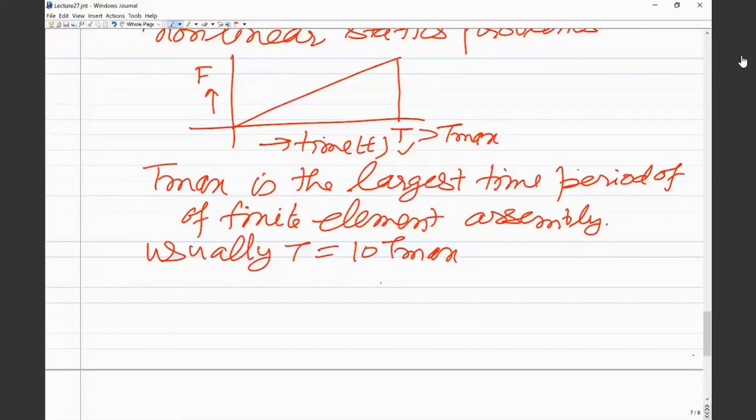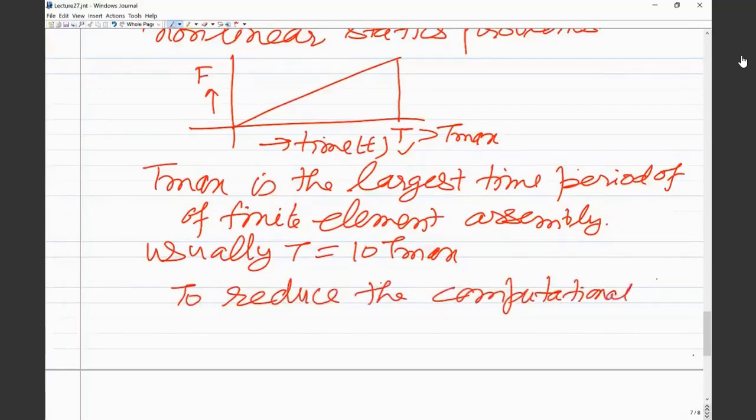So for that, what you do is you also do something known as mass scaling, to reduce the computational time further. If you do the mass scaling, that means you actually increase the mass, so the highest natural frequency will come down.